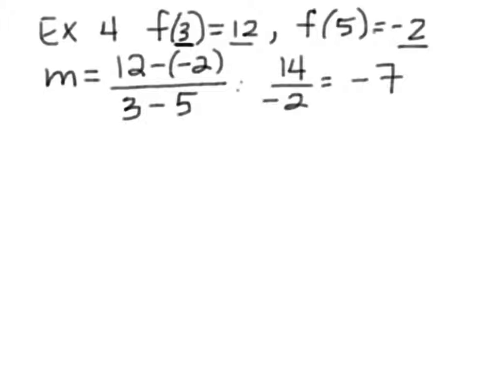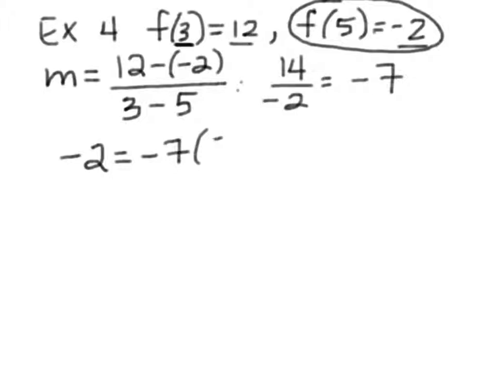Since I have my slope and I have 2 points, it doesn't really matter which one I use, but I need to plug in and find out what b is. I like to stick with the smaller numbers, so I'm going to use this point. So my f of x is negative 2. My slope's negative 7. x is 5. I need to find b.